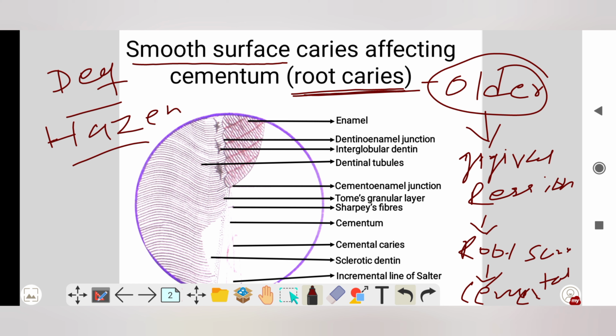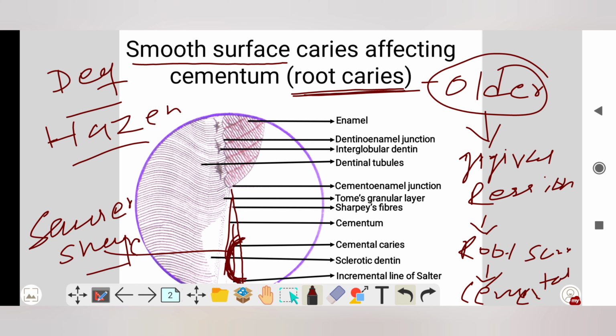Okay, so here you can see cementum. These are the different incremental lines of the cementum, and this is the saucer shape of cemental caries. So here you can see not a cone, but a saucer shape in nature.